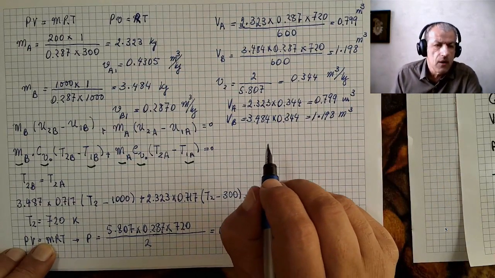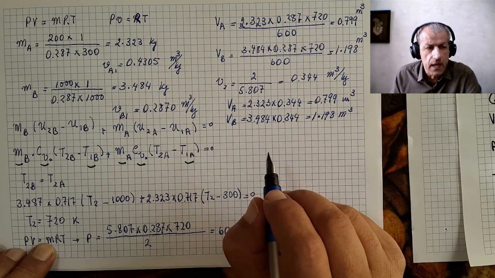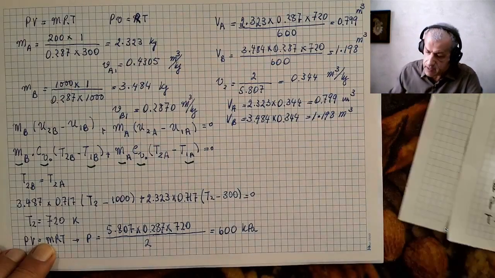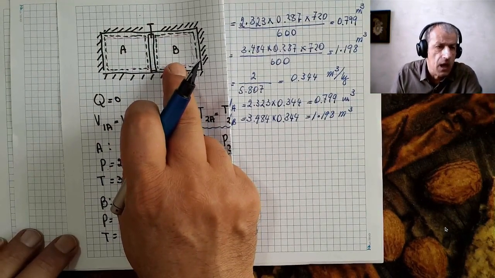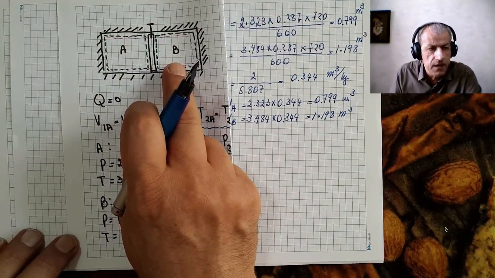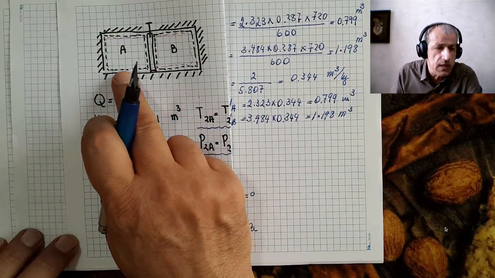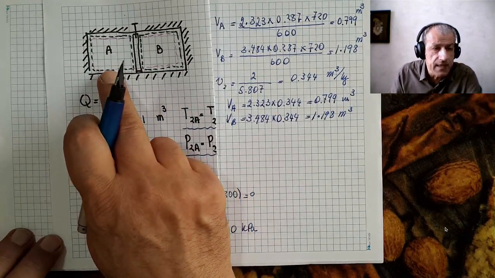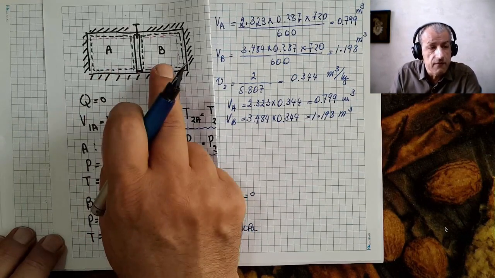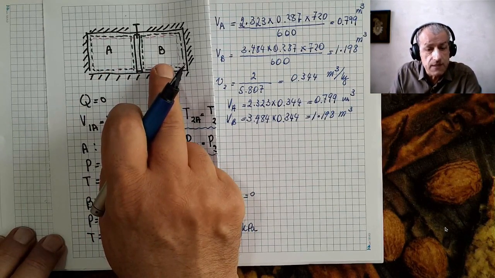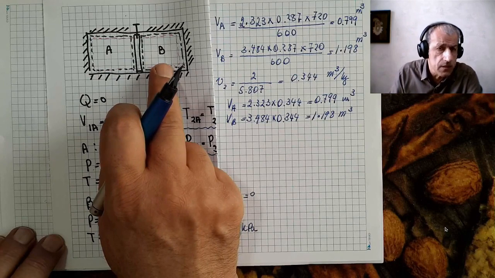So we have both volumes, and as we expected, since both the pressure and temperature were higher in B, the piston has moved to the left. The volume in A has become smaller, and the volume in B is larger.